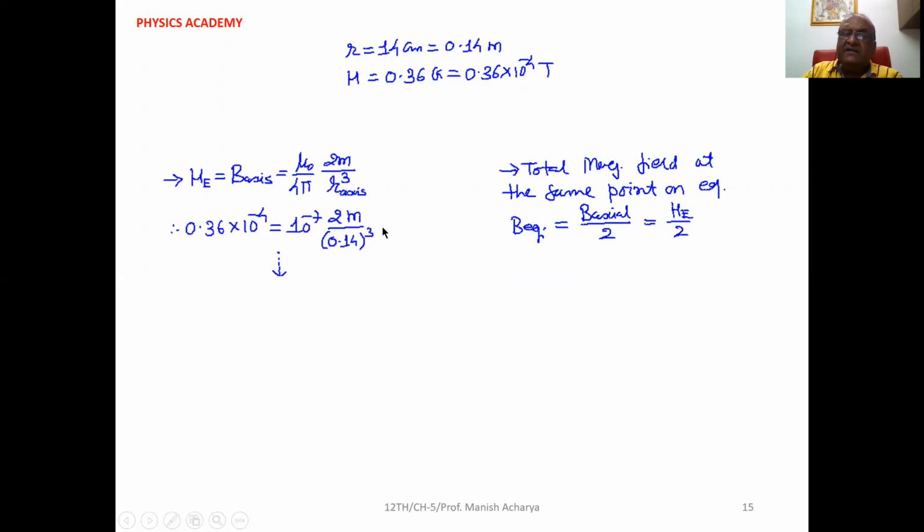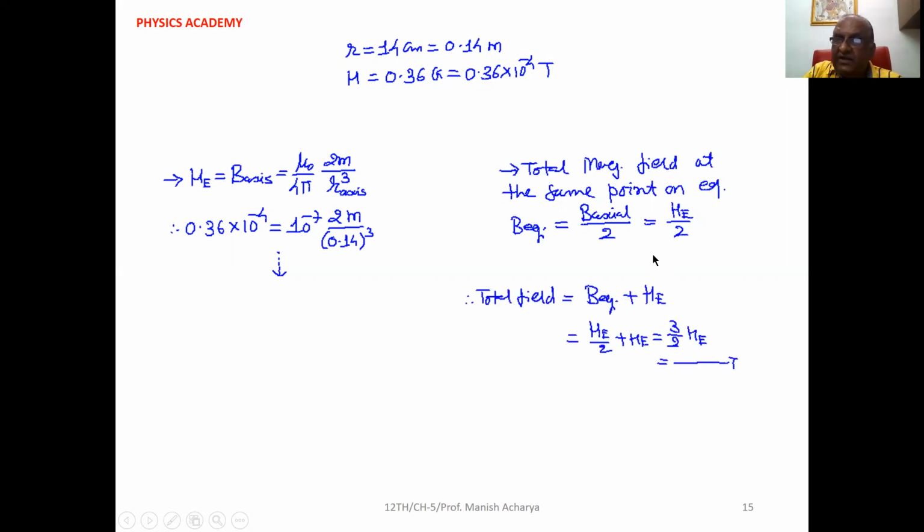Now at the same position, the magnetic field on the equator, so we know the total magnetic field at the same point on the equator. So at equator, B equatorial is B axial by 2. This one is due to magnet. B axial is equal to He, here we discussed. So B equatorial is He by 2. So this is the magnetic field of bar magnet.